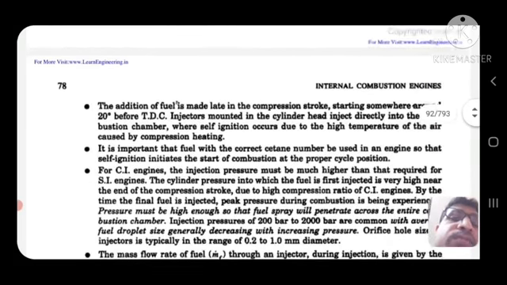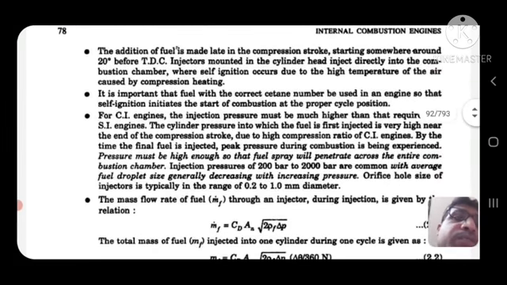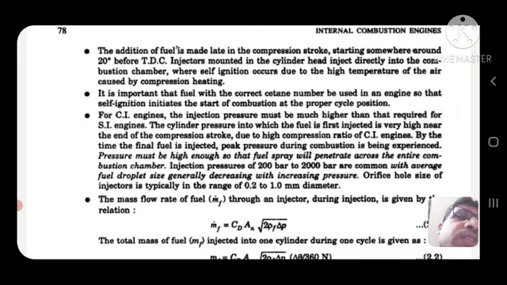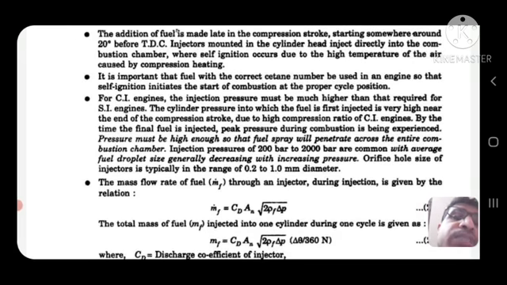Fuel is added late in the compression stroke, starting somewhere around 20 degrees before TDC. Injectors mounted in the cylinder head inject directly into the combustion chamber, where self-ignition occurs due to the high temperature of the air caused by compression heating.